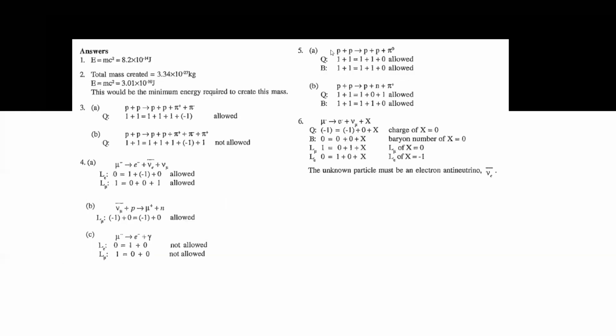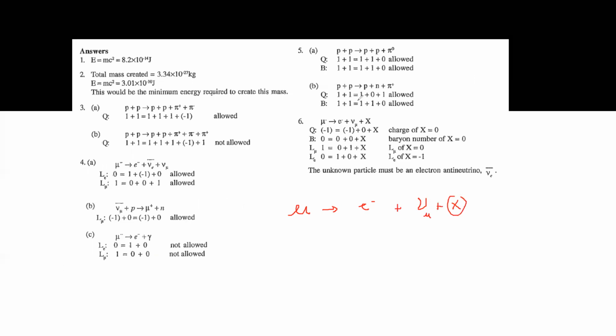As you can see, you have to check the conservation. What should be the particle X? First we have muon. It is decaying into electron, muon neutrino, and another particle X is released. We don't know what X is.